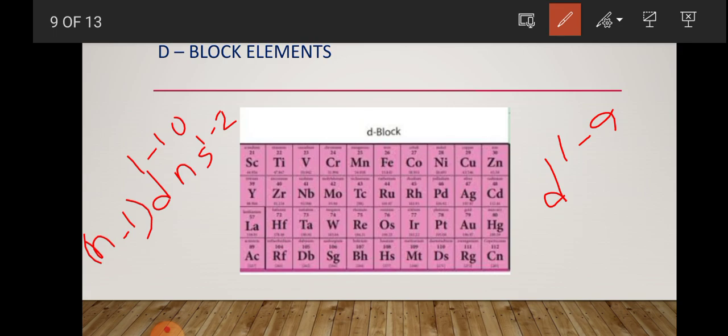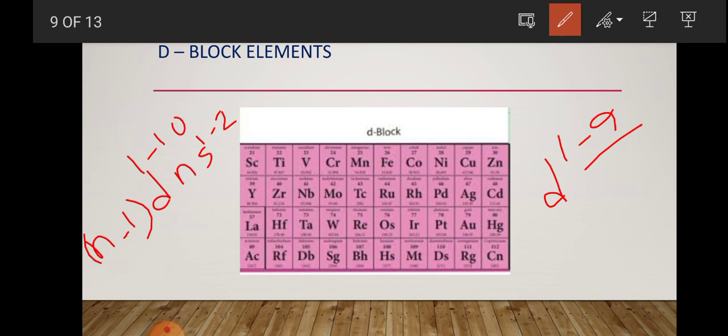On the other hand, we can say it easily: when d block elements form ions, their d orbitals are partially filled, that means 1 to 9 electrons.